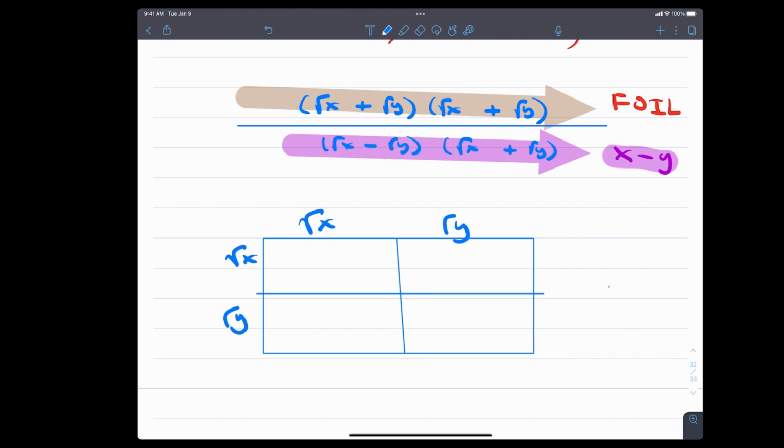Okay, now let's see. What's the square root of x times square root of x? Okay, square root of x times square root of y. Okay, square root of x times square root of y again, or square root of y square root of x is the same thing. Is that true? All right, what's the square root of y times square root of y?